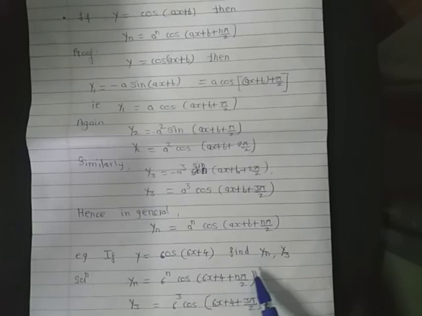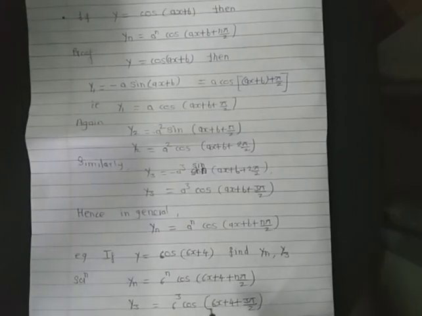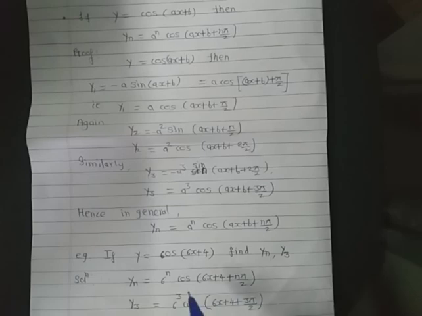For example, consider if y equal to cos of 6x plus 4, find yn and y3. Using our result, we get yn equal to a raised to n.